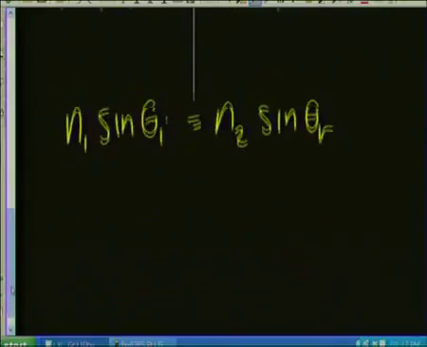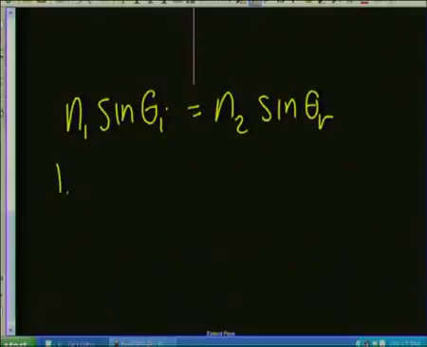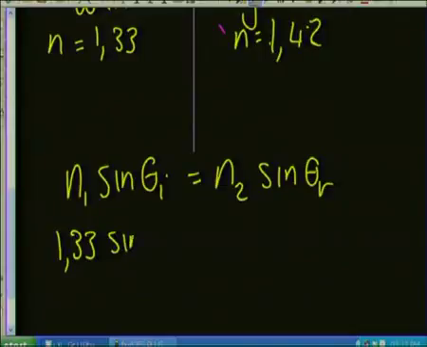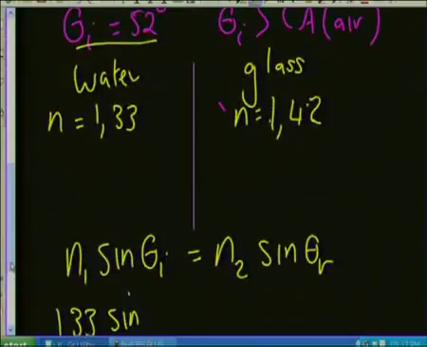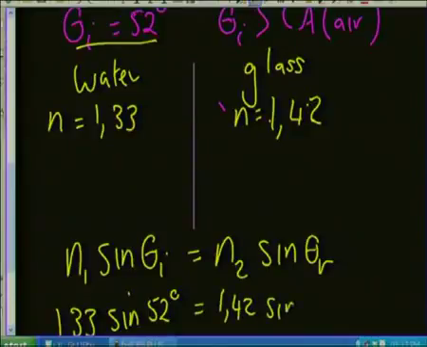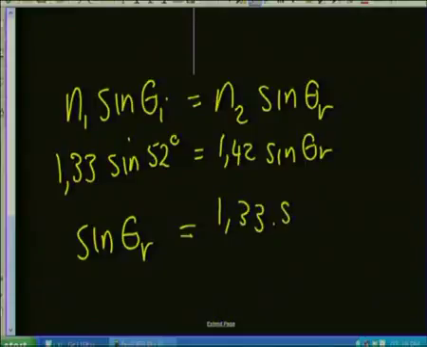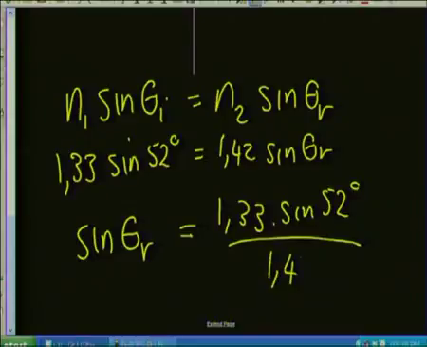Now, if we substitute in, we get 1,33 for the water, the angle was sine of 52 degrees, and n2 here is 1,42. We want to know the angle of refraction, so we rearrange and get sine theta r is equal to 1,33 times sine of 52 degrees divided by 1,42.